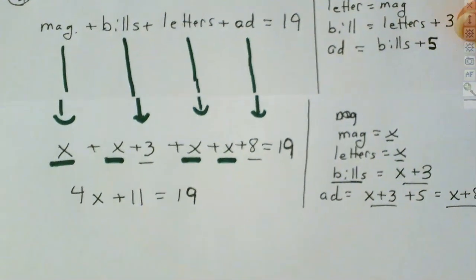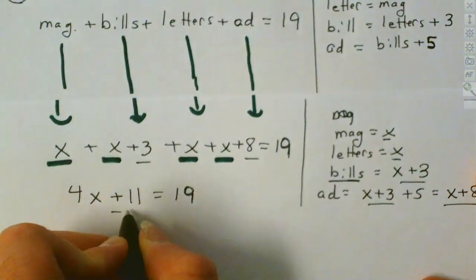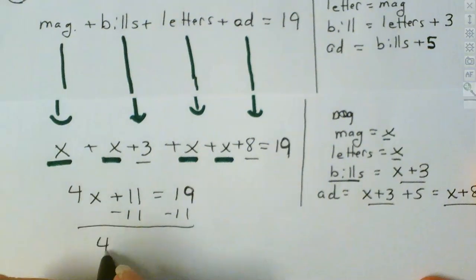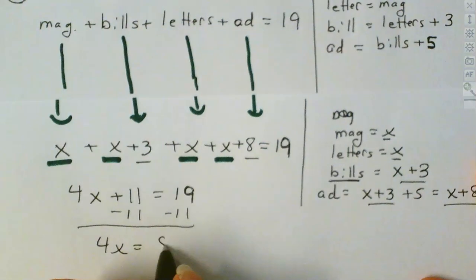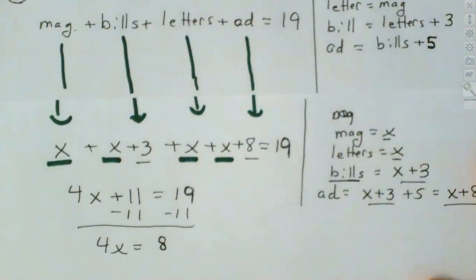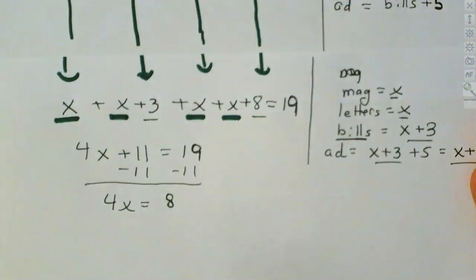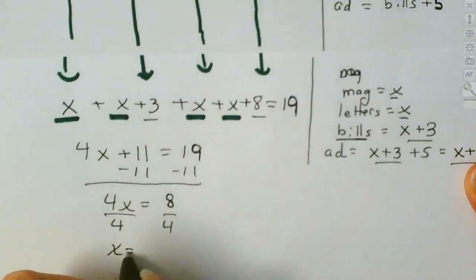So now we can finish it. What do we need to do next? Subtract 11 from each side. And now we have 4x, and that equals 8, it looks like, doesn't it? And what's my last step going to be here? Divide by your 4.